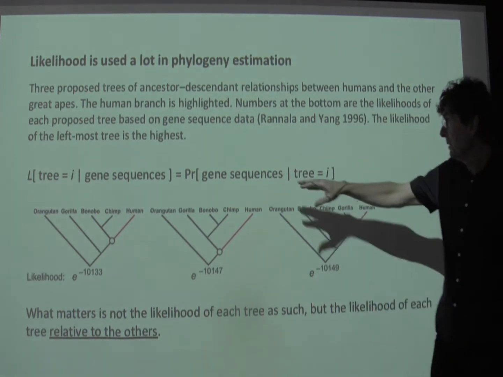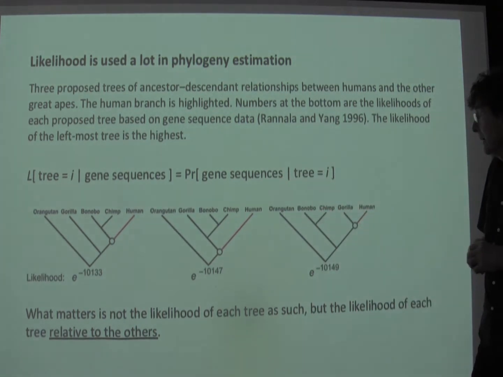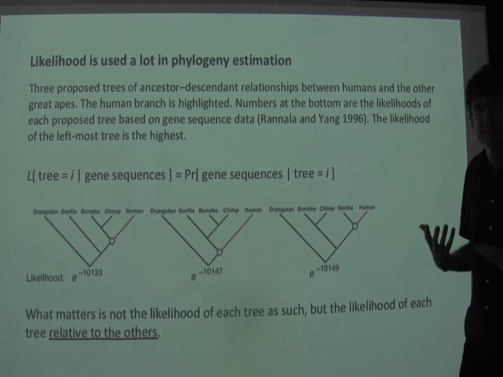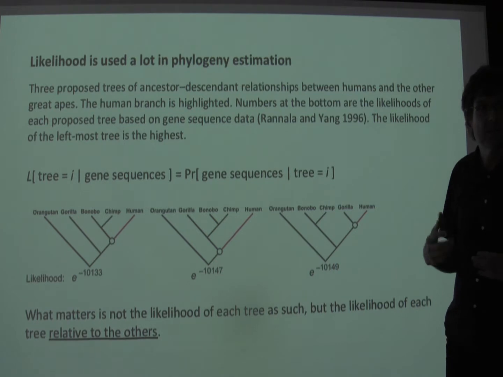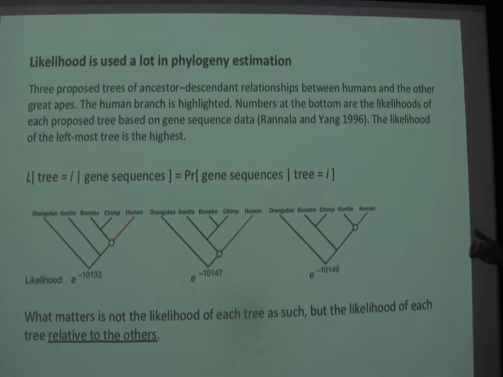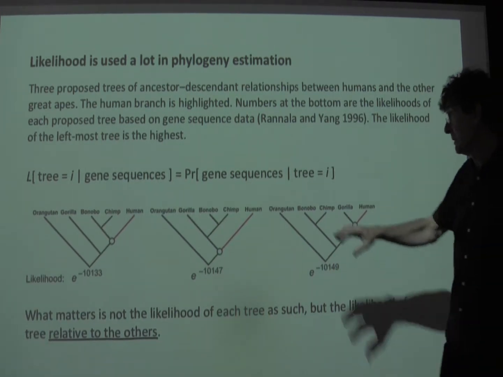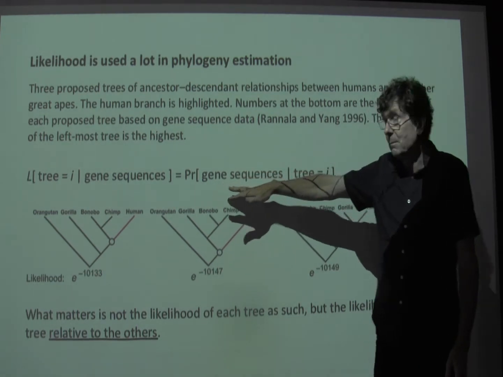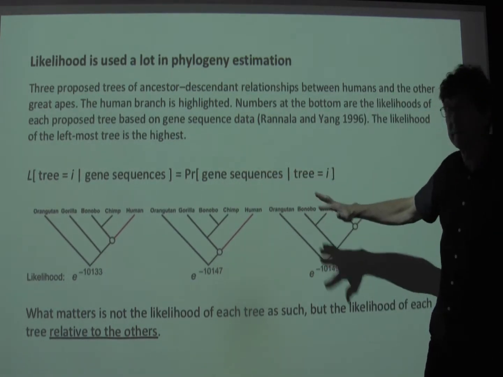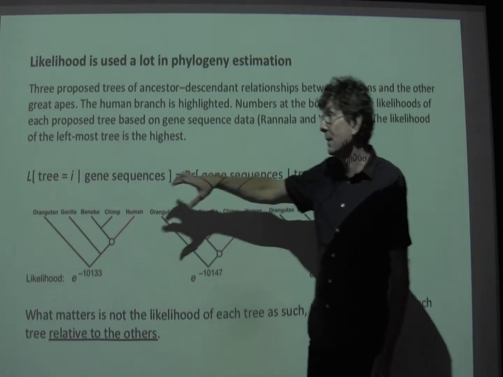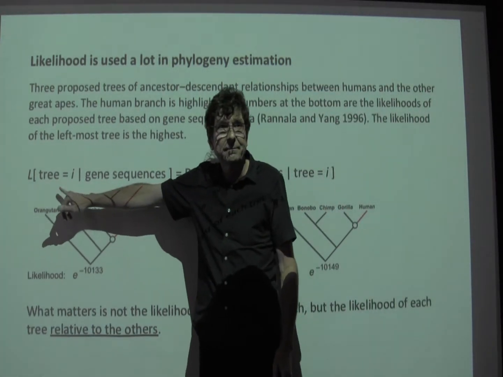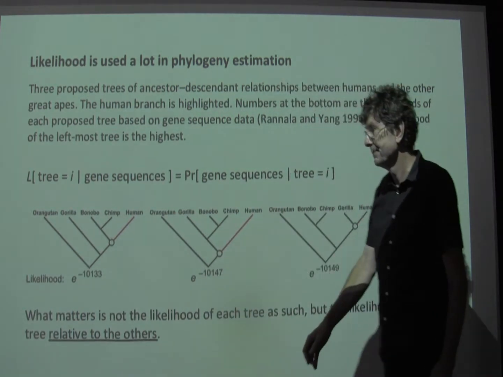And to do that, you need a probabilistic model for transition, change in gene sequences over time. A molecular clock, for example, is one of the assumptions. But with that model, it is possible to ask this question: what's the probability of getting the observed gene sequences if the tree is I? And that's the likelihood of tree I, given the sequences.